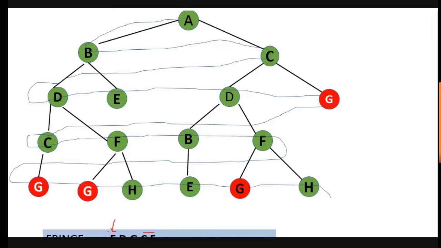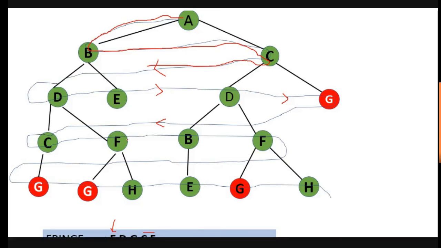So how is the operation going? The operation moves from A to B, then goes to C, then comes to D, E, and again goes to D. If it reaches the goal, it will stop, otherwise it will continue like this.